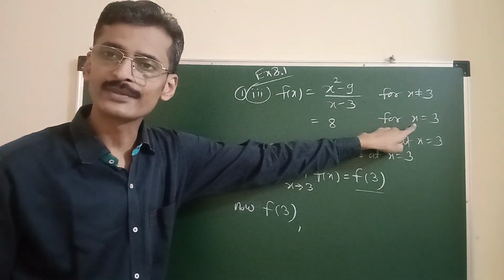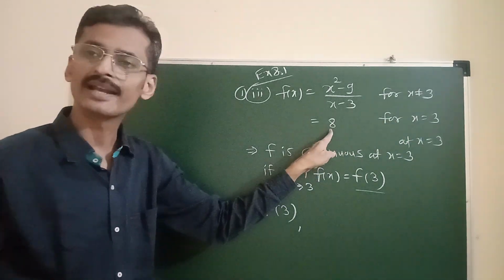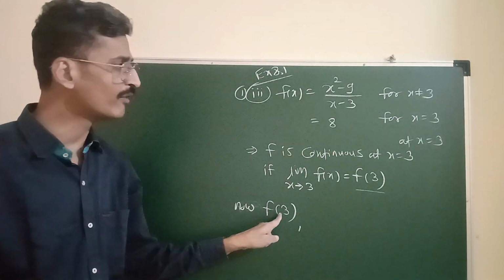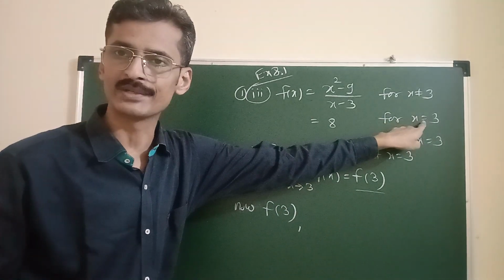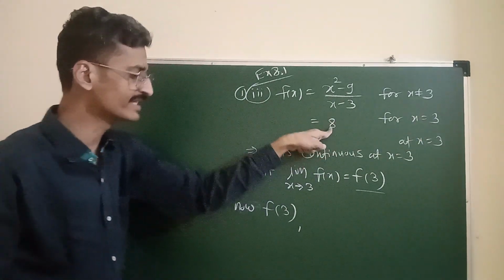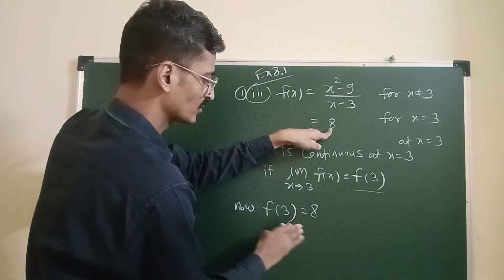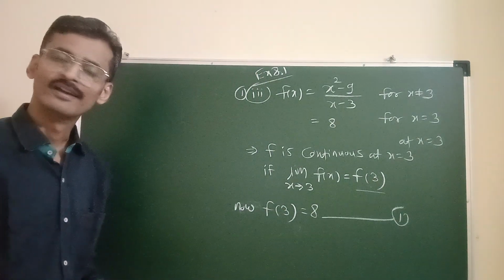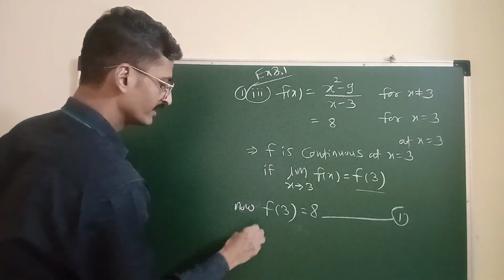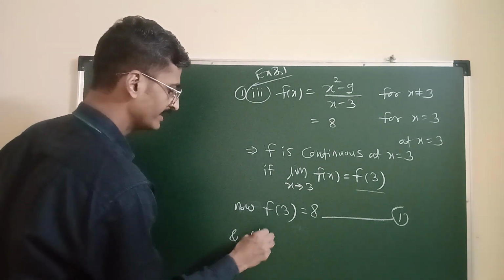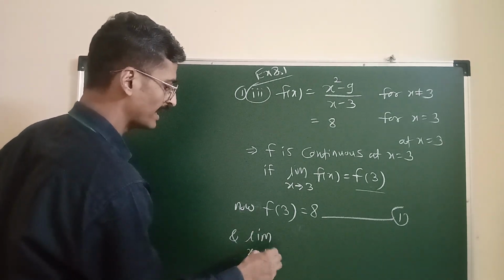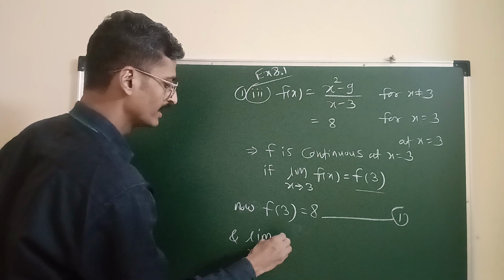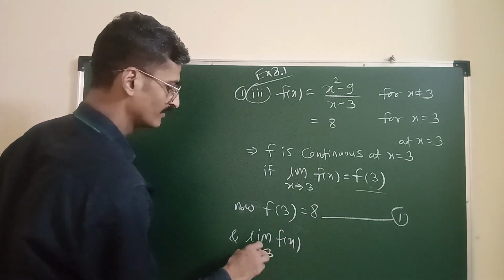So for x is equal to 3 the function is 8. So that means f of 3 is 8. So this part is over. Now we want the other part, that is limit x tends to 3 of f(x).